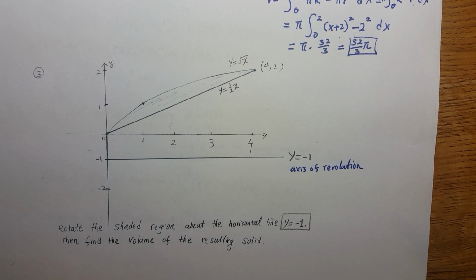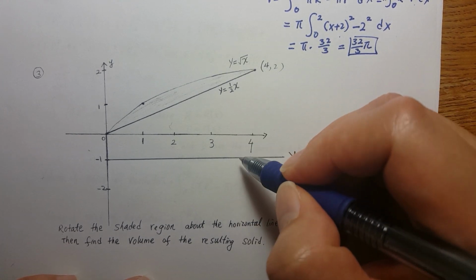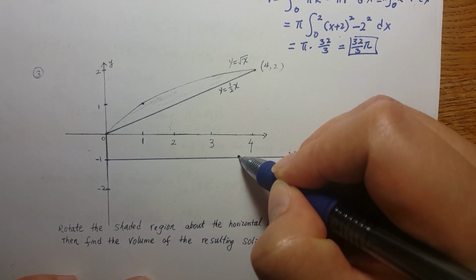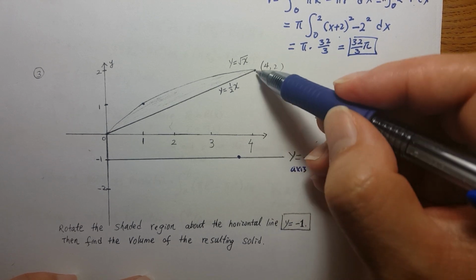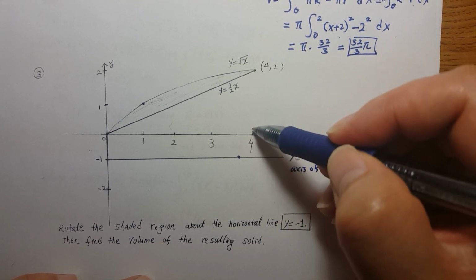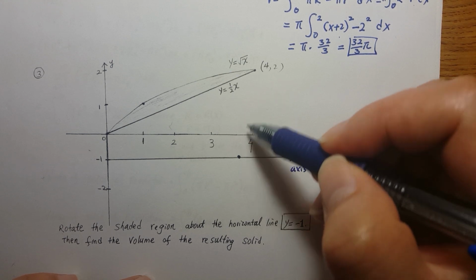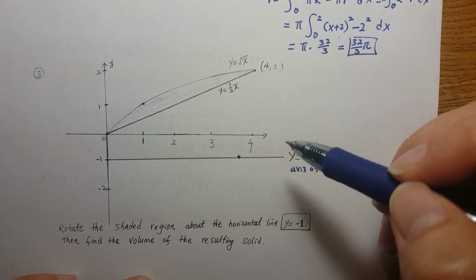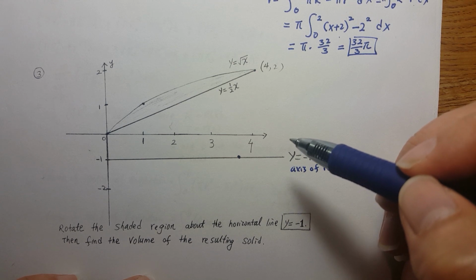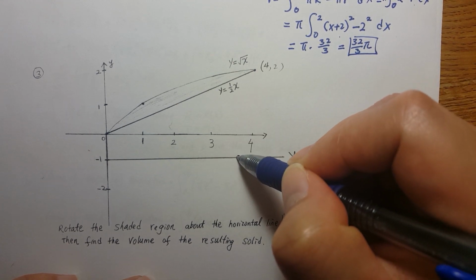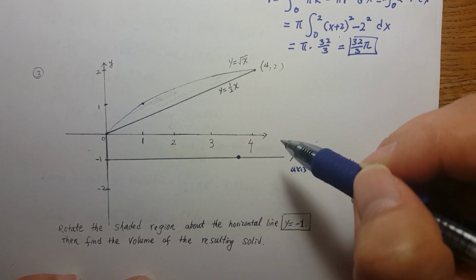Now I am going to draw a cross section. I am going to pick a point over here. I don't want to pick the point over here because they intersect there. It's easier if you pick a point not at the endpoint, so you can see the small radius and the big radius. So this is going to be the center of the cross section.